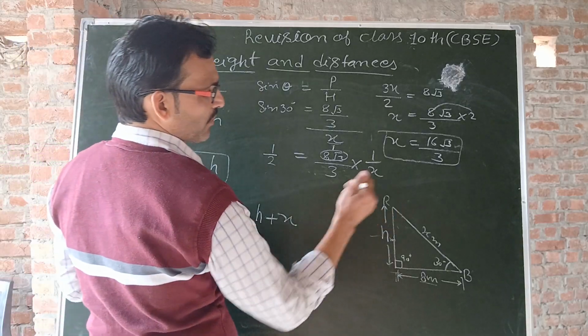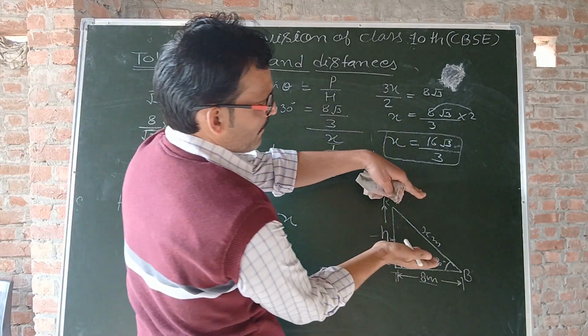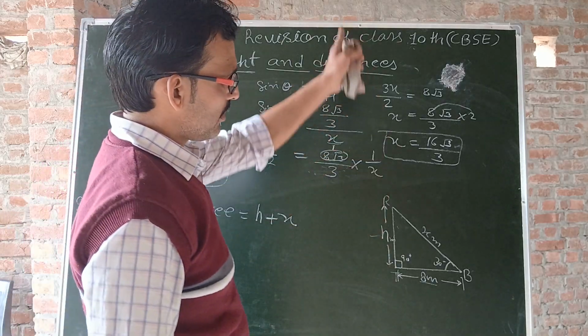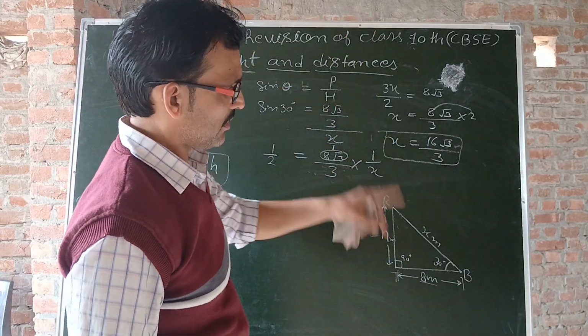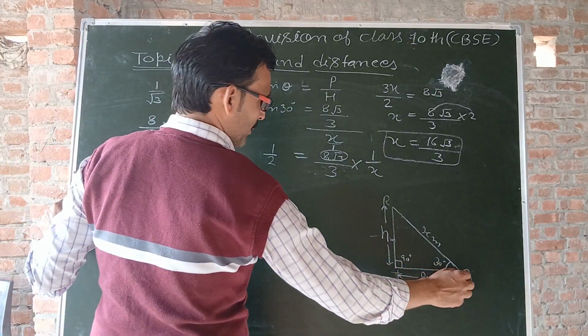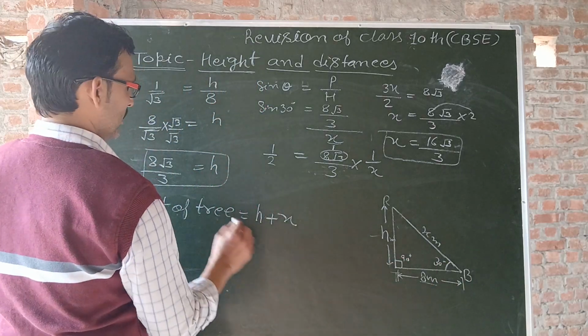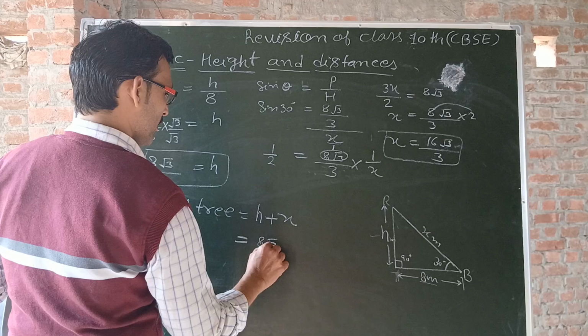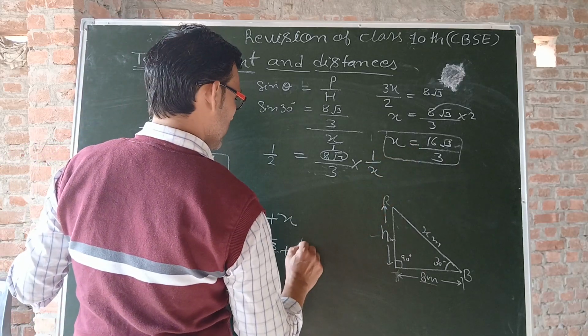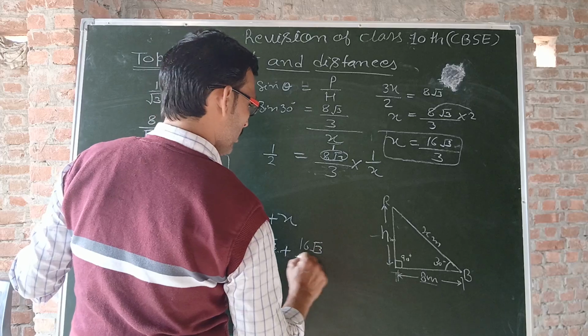It means it broke from here, so it is made to stand again straight. So the complete height will be TB. This is the upper part. Now h is 8 root 3 upon 3, plus x is how much? 16 root 3 upon 3.